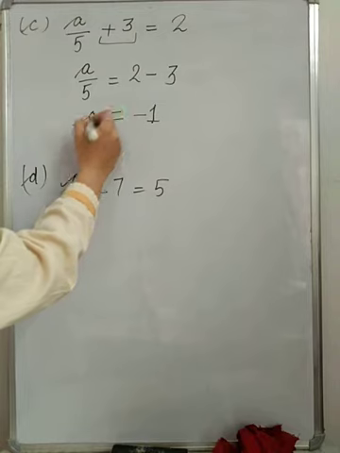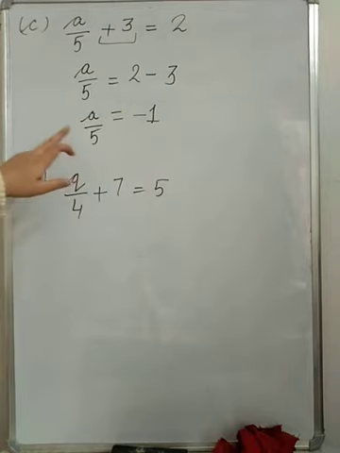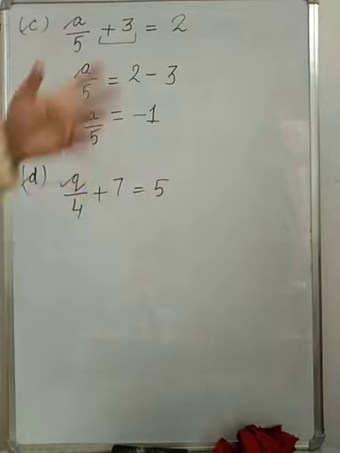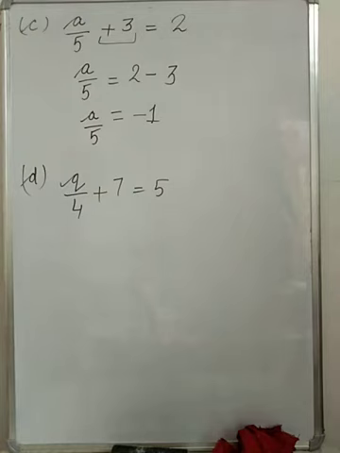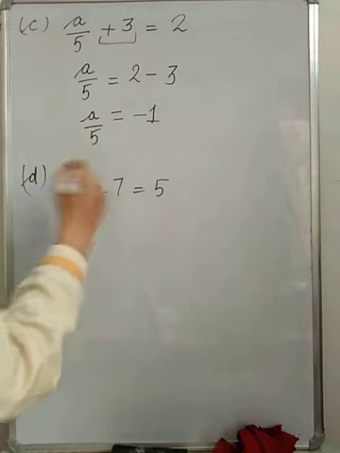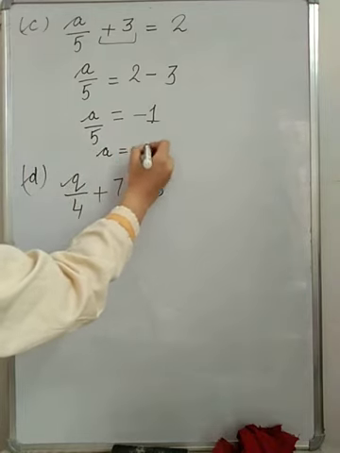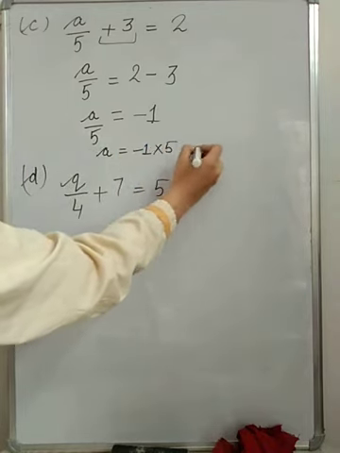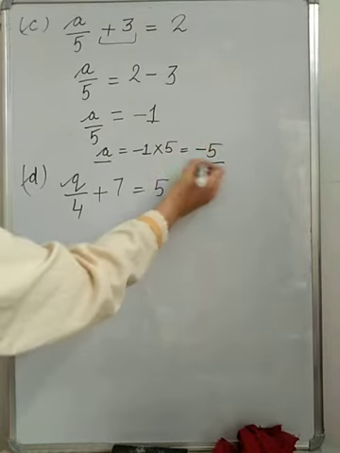Now this 5 is in division, move to the other side, it will become multiplication. So a is equal to minus 1 into 5, that means minus 5. A value is minus 5.